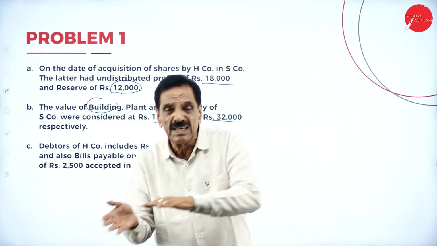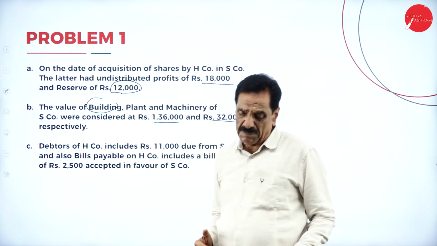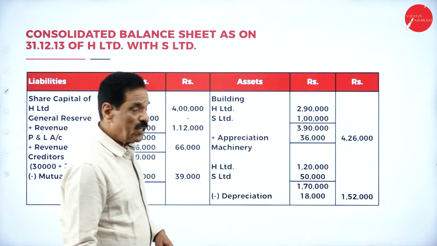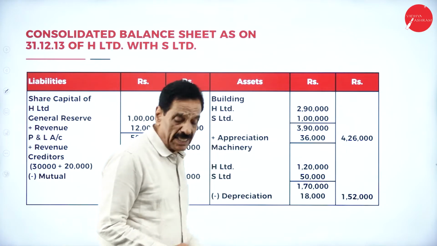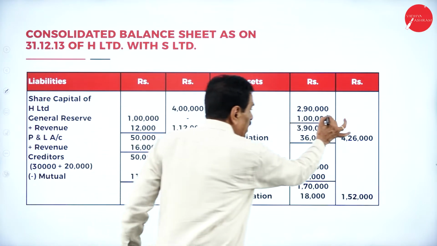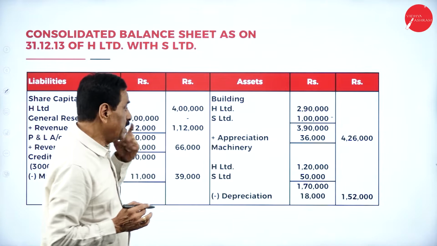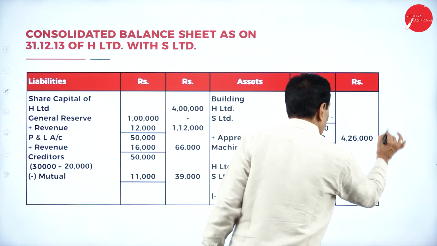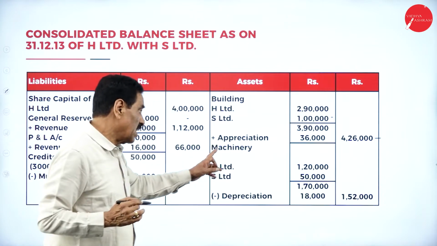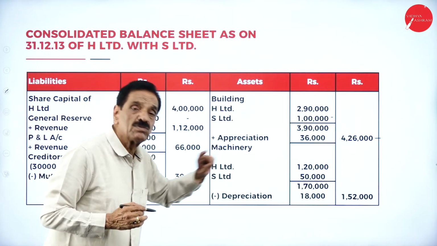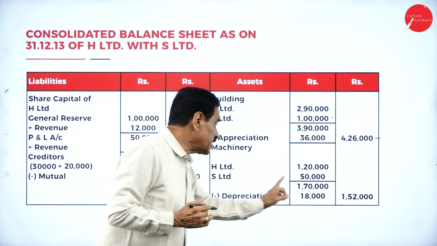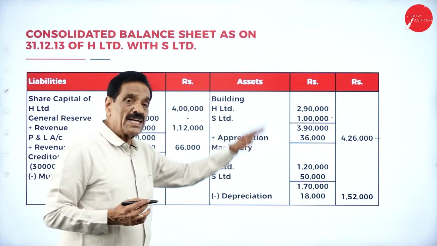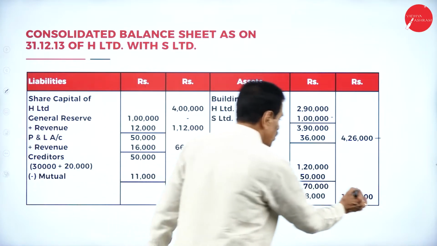Deduct from the bills receivable and deduct from the bills payable. Then buildings: previously H Limited has 2,90,000 and S Limited 1 lakh, totally 3,90,000. There was an appreciation of 36,000, so it became 4,26,000. Regarding the machinery, H Limited is 1,20,000 and S Limited is 50,000, so it became 1,70,000. It has come down by 18,000. Today's value is 1,52,000.